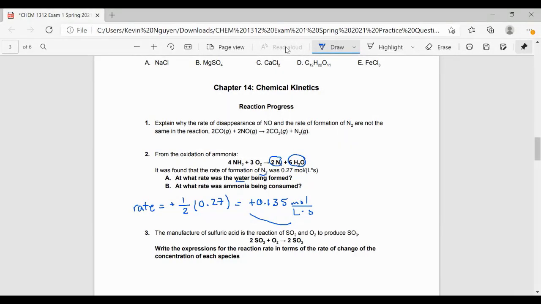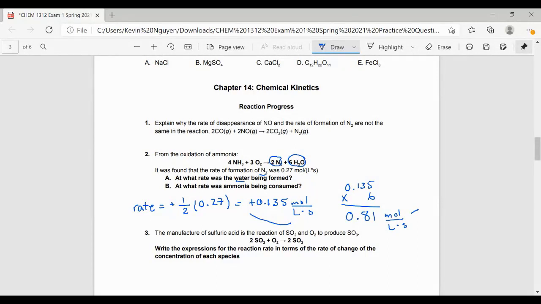Oh, did someone have a question? Times 6, basically, you can get 0.81 moles per liter per second. Let me double check that.